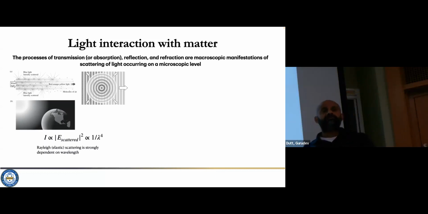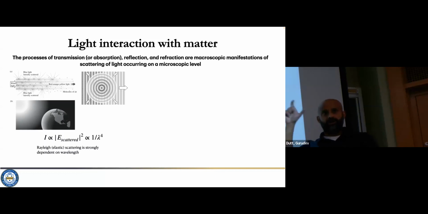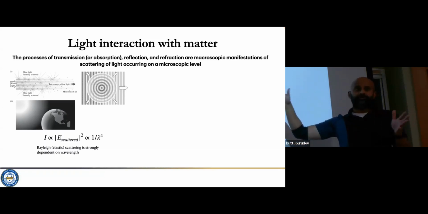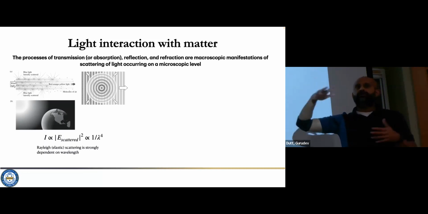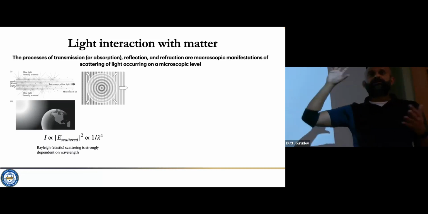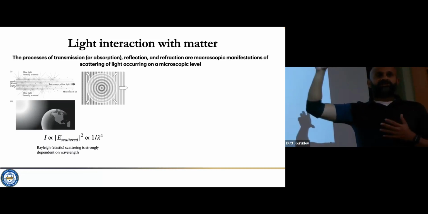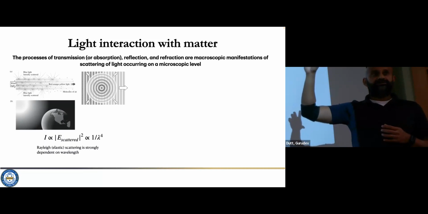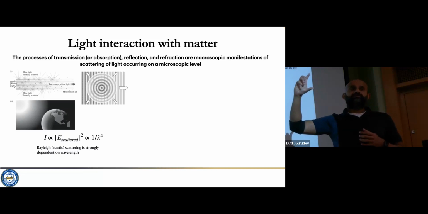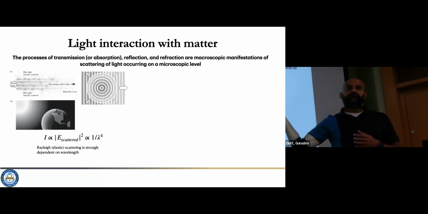So if the light frequency in this case is much smaller than the frequency of the transition between those orbitals, which is often the case for many common molecules like hydrogen, hydrogen maybe is not the most common, but oxygen, chlorine, etc. Most of the atoms that make up our atmosphere, certainly nitrogen, the orbital transitions, that is the energy spacing between the orbitals of these atoms or even the molecules, is much larger than the frequency of the incident light.